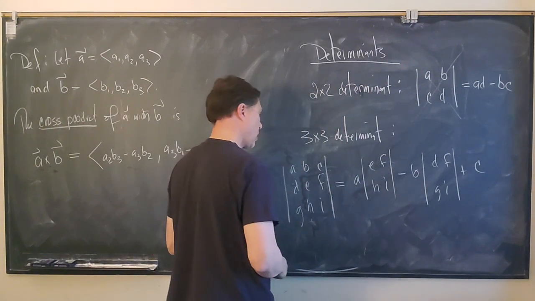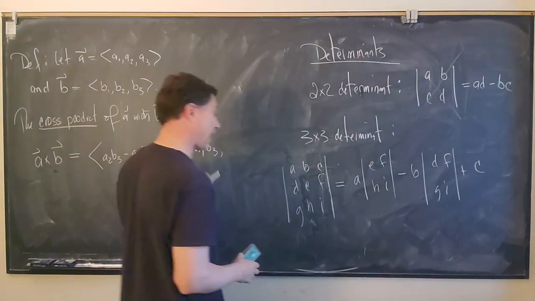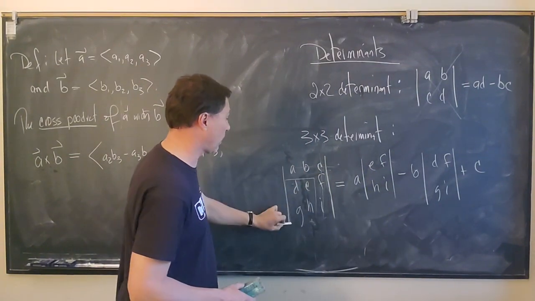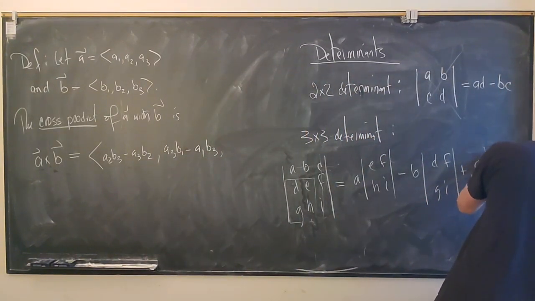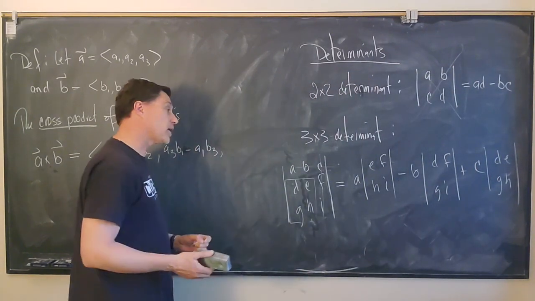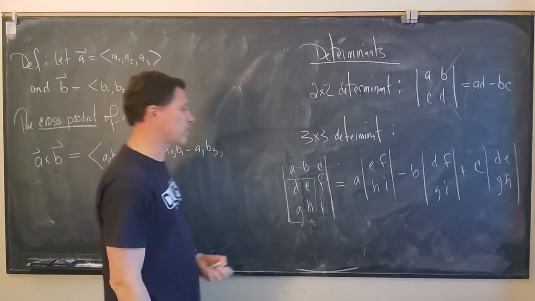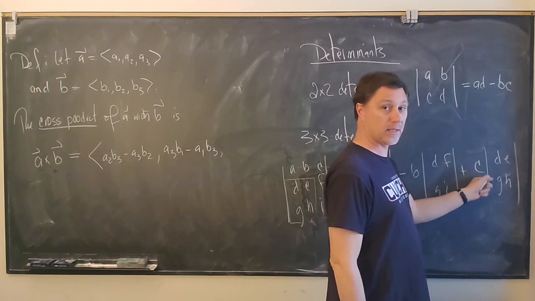So delete the row and the column that contains C. We're left with this little square right there, so it'll be plus C times the determinant of D, E, G, H. Right? So this thing right here, this is called a 3 by 3 determinant. One thing to be aware of, it alternates sign, positive A, negative B, positive C.